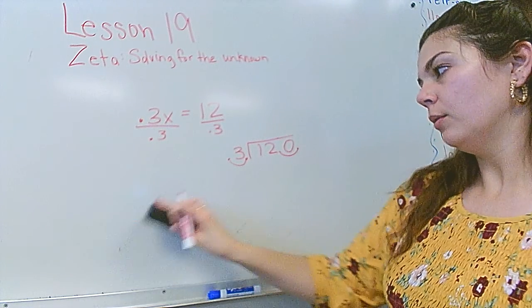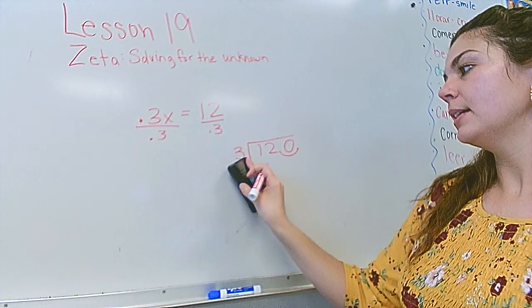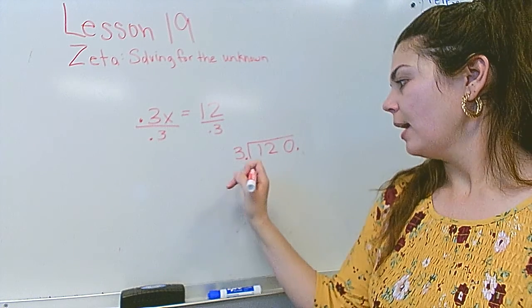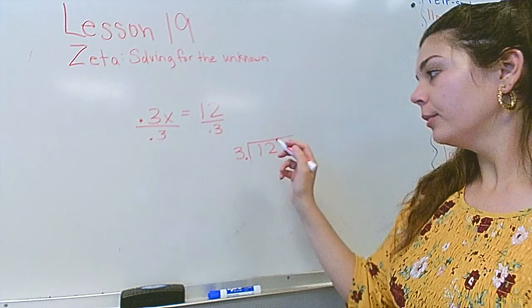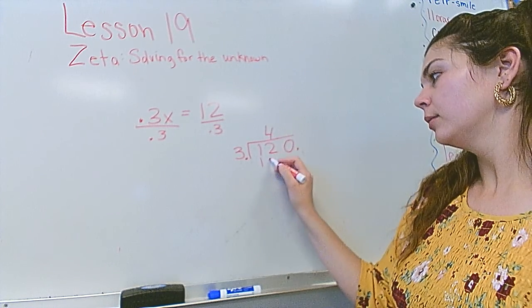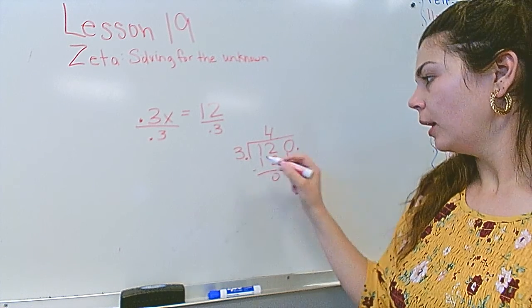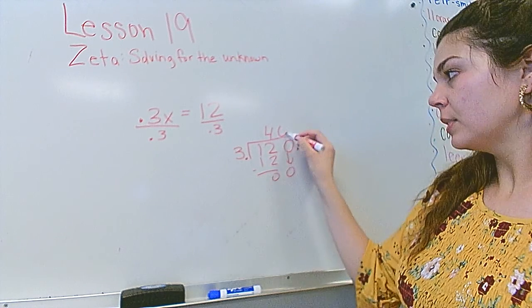Alright, so of course you can leave all these lines here, but I kind of like to at least remove the lines. Okay, how many 3's go into 12? 4. How many 3's go into 0? 0.